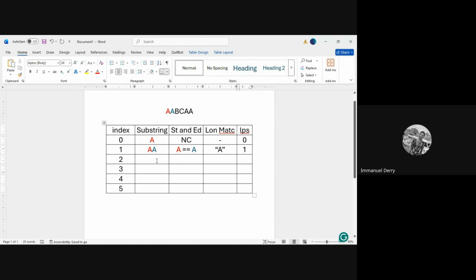Okay. So now let's move on to the next one, which is this one here. This is the substring here. The next character is B, so the substring is AAB. Is that clear? Yes, sir. Basically the start is AA, then the end is this.